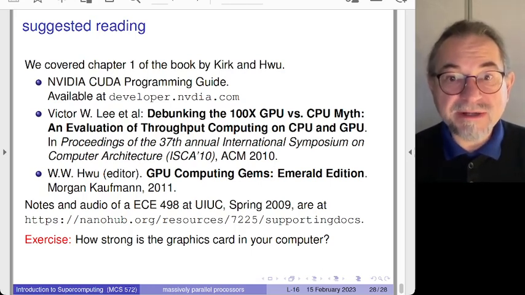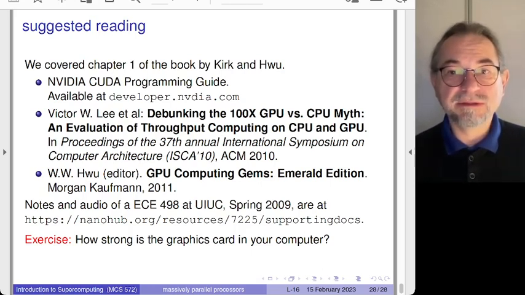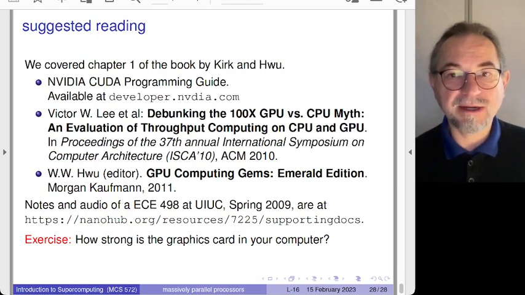There are the comparisons with the CPU, and I kind of agree with the 2010 paper there. One has to be careful.